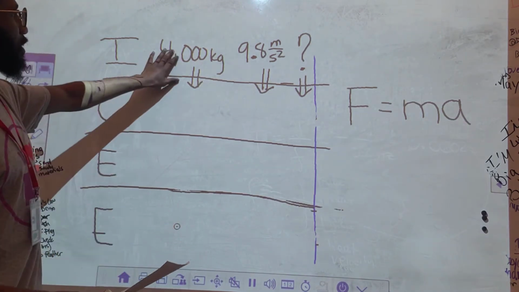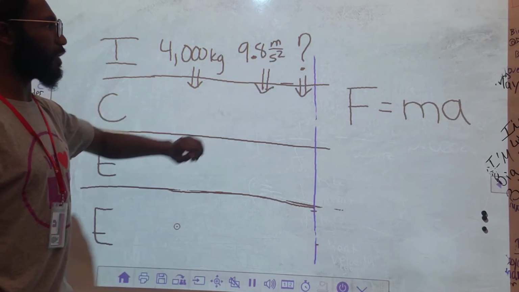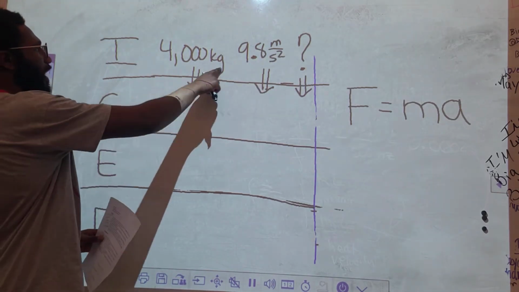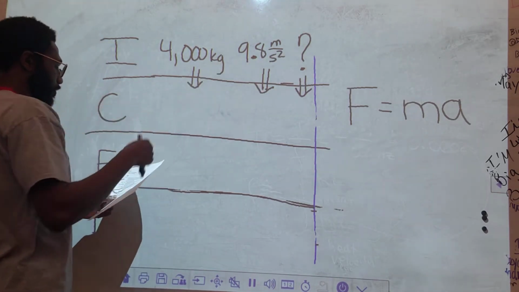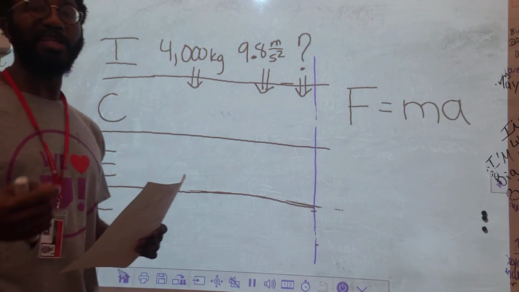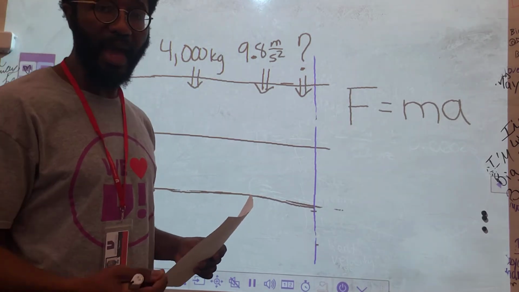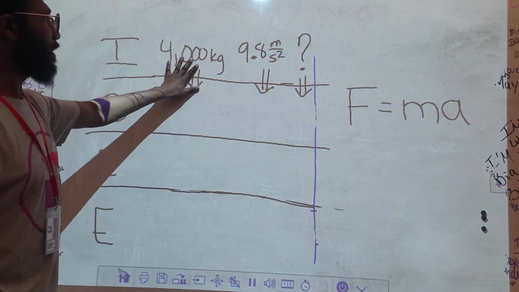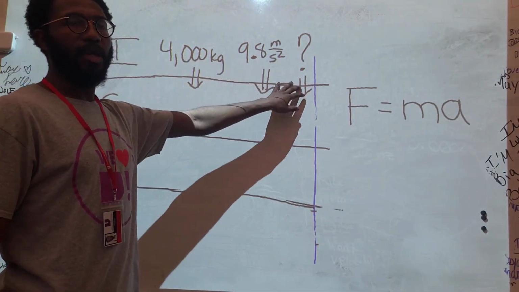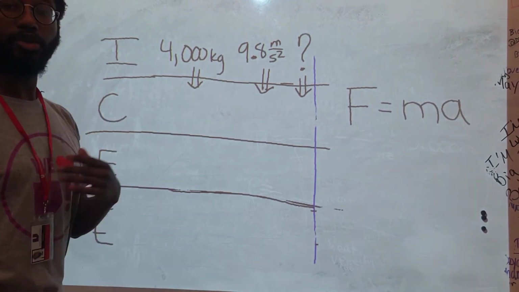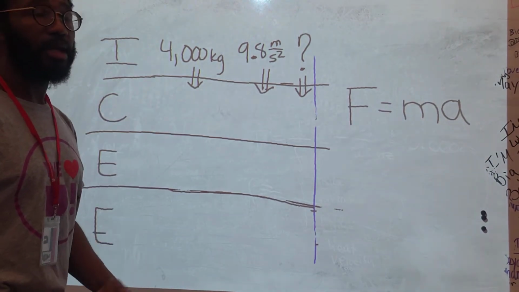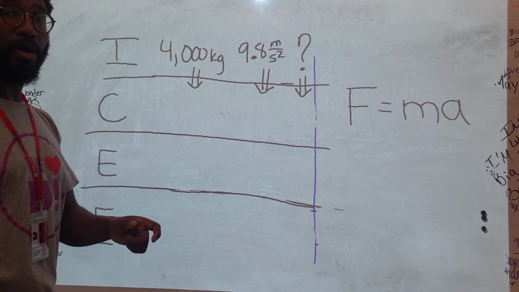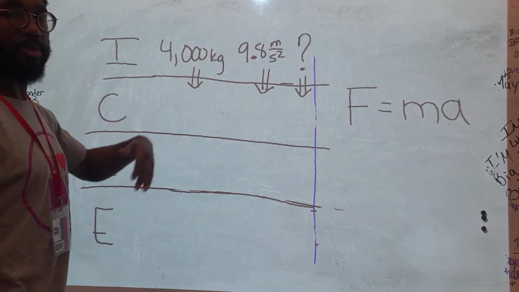Now we're going to pair these up with different symbols, different variables. First, 4,000 kilograms: the problem tells us that this is the mass of the car. If you ever get confused about what your measurements are and how to categorize them, just read the problem more closely, because the problem tells you what each measurement is.